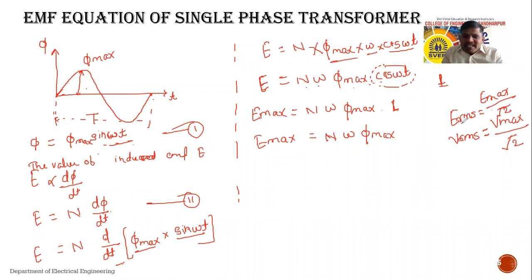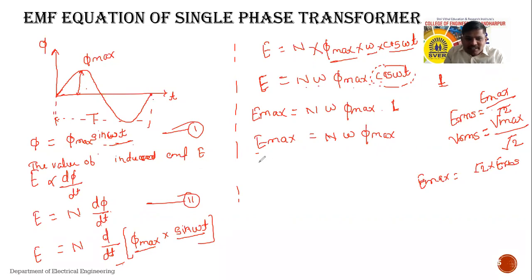So I want to represent it in E RMS. Here, in place of E max, I put the RMS value. That means E max is equal to root 2 into E RMS. Right? So instead of writing the maximum value, I am writing here the RMS value.